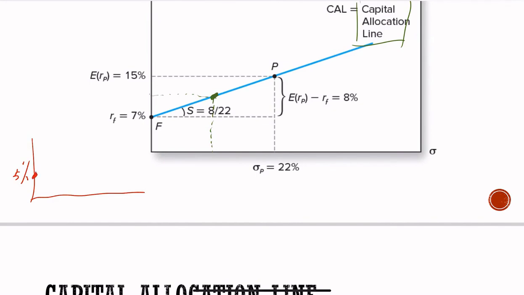If you tell me the slope is 1, then I would know that the capital allocation line looks like this. And if you tell me that the slope of the capital allocation line is smaller than 1, let's say it's 2/3, then I would know that the capital allocation line should look something like this.